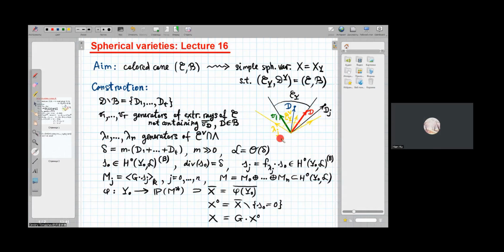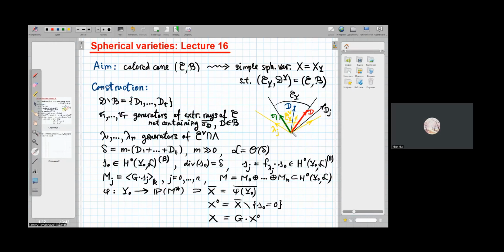You can see on the picture how all these things look. You see the generators of the cone CY, those corresponding to colors denoted by D of different color, and those corresponding to G-stable prime divisors, these V1, etc., VR, the VIs in green. And also you see the colors not contained in B marked by black. There's a single color of such kind on the picture, but there may be more, of course.